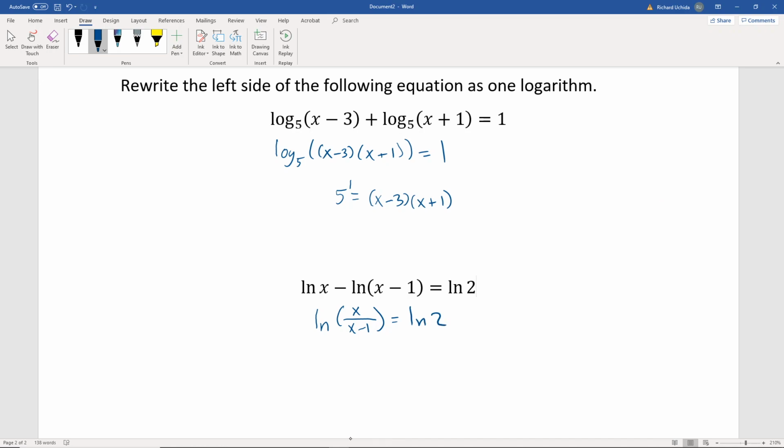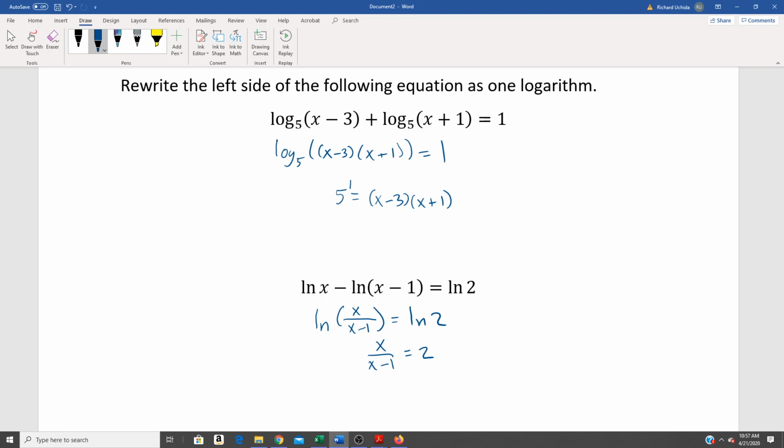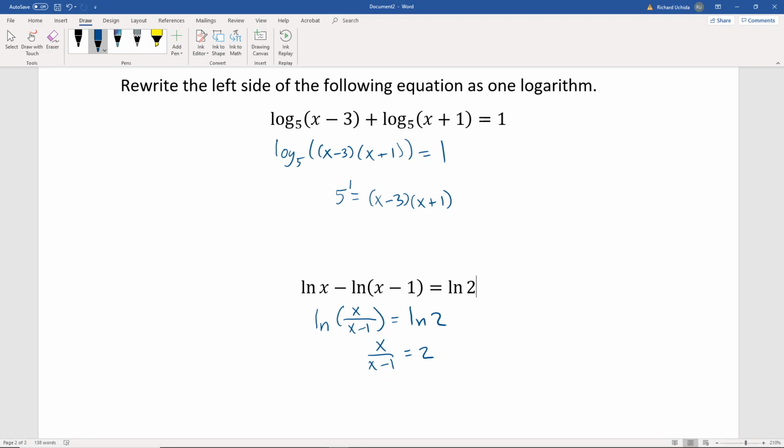Now, how this will be useful for us is if these two natural logs are equal to each other, and they're the same base because they're both natural logs, then what's inside the two logs would equal each other. So we'd have x over (x minus 1) must equal 2. And so we could now solve this equation using basic techniques. But again, the nice thing about rewriting it this way is that we no longer have logarithms in the equation. So that's some of the stuff you need to use to solve basic exponential and logarithmic equations.